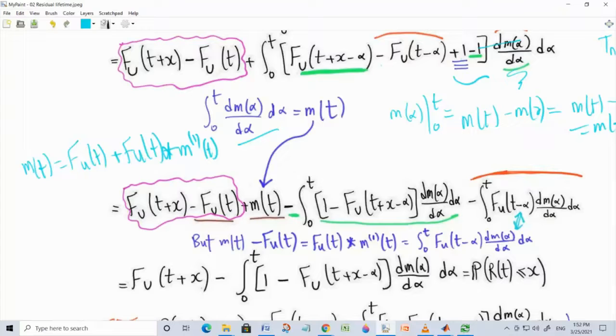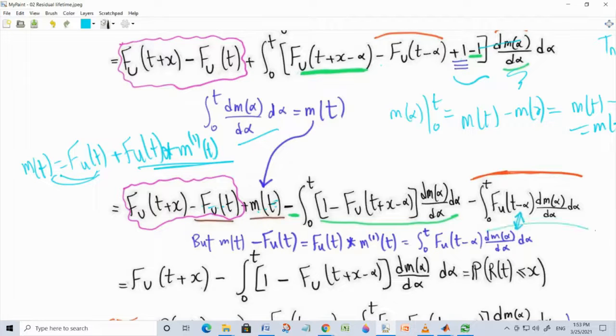If you do the integration, you will get m of t, and these two terms together give m of t minus the CDF. It's as if you take this to the other side, and you have the convolution of the CDF and the first derivative of the renewal function.